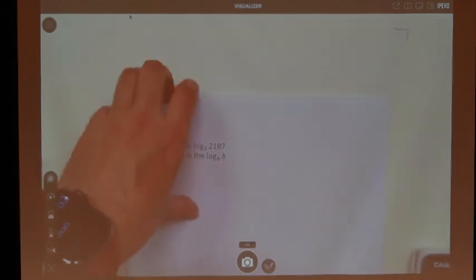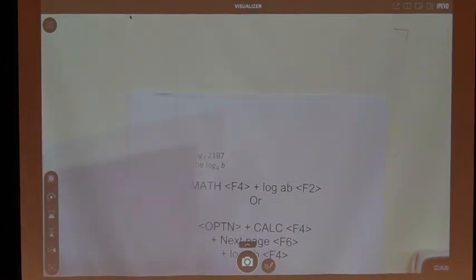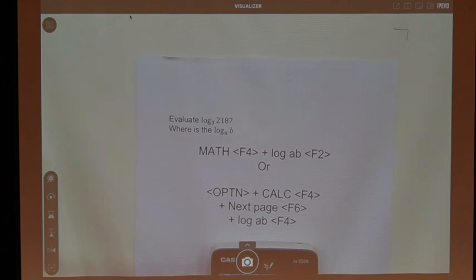Log AB is the different base for log. And here is the instruction. Log 16 base 2 is 4. Are we good?